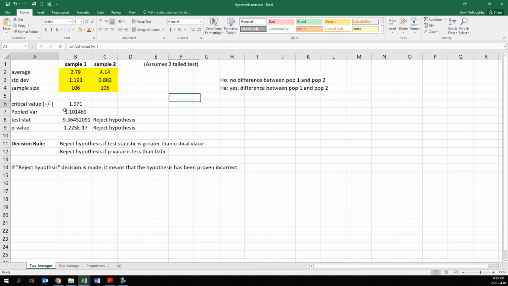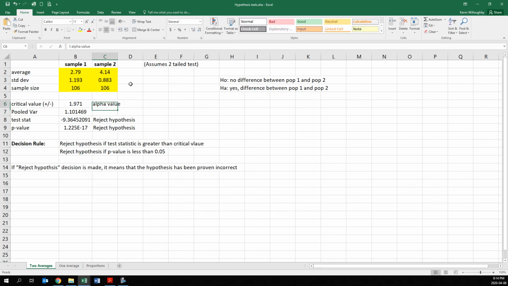And these values over here are going to be automatically populated or calculated based on the input values you have in yellow. We don't have to worry about what the pooled variance means, but this critical value has degrees of freedom, it has our level of significance. Remember that the critical value is the T alpha value.